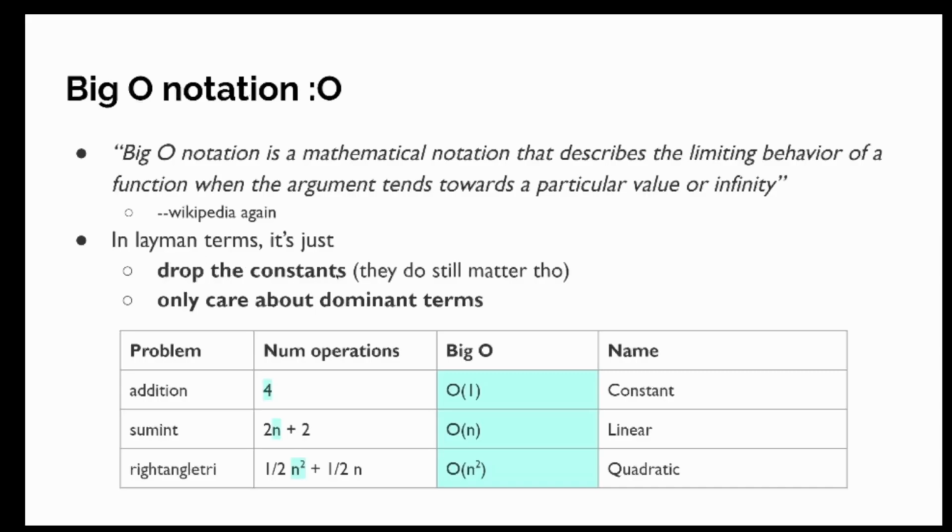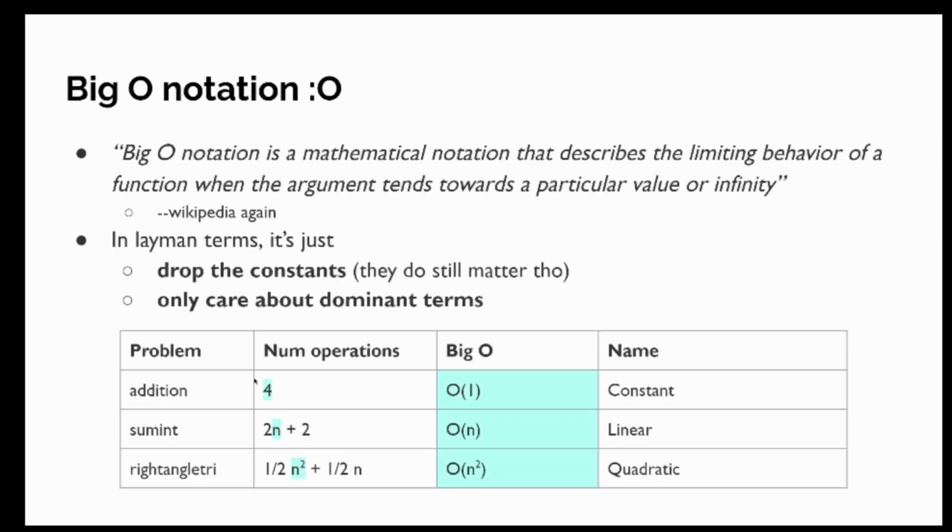Constants means numbers like 4, 5, 6, just straight up numbers. We drop them and only care about the dominant terms. So what are the dominant terms? The dominant terms would be our input, and we describe it using the letter n. If we look here, the exact number of operations for each of the questions just now were 4, 2n plus 2, and half n squared plus half n.